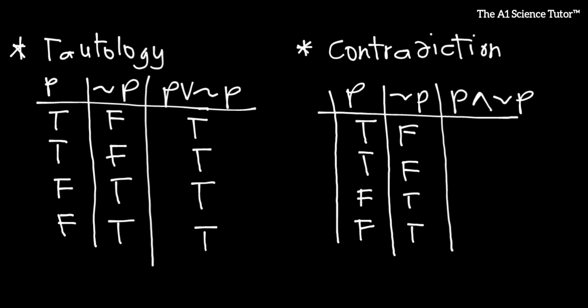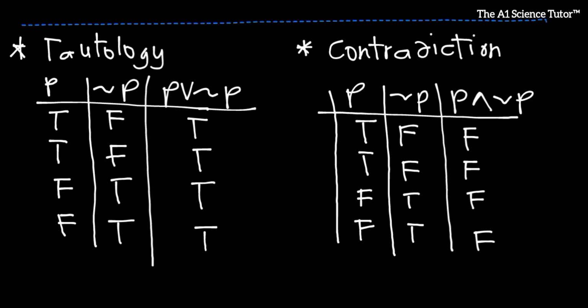Now, if you have conjunction, this basically is going to turn us toward a false. This would also be a false. This is also going to be a false, and this is also going to be a false. So you can see that contradictions always hold for what? Conjunctions. Tautology always holds for what? Disjunctions. So hopefully I've gotten that.